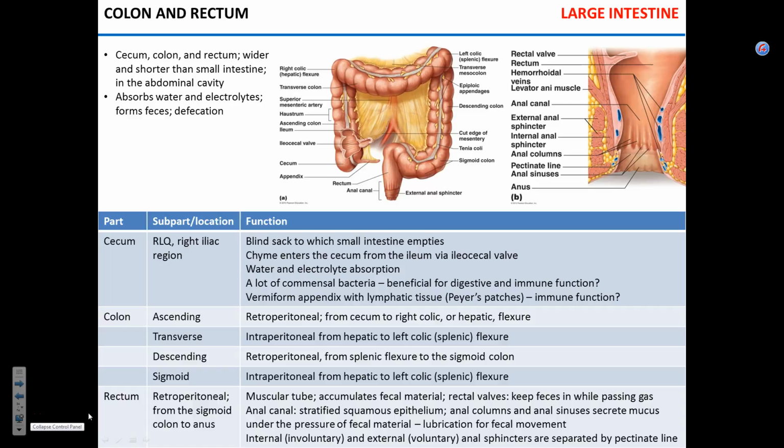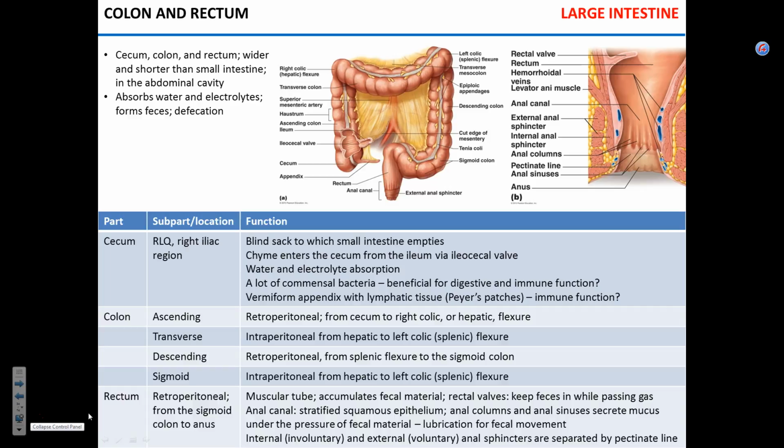Secondary active transport, micelles, and what is the role of the sodium ion? To maintain the gradient to facilitate the secondary active transport, of course, at the apical membrane, right? And of course, the hormones of the duodenum, cholecystokinin and secretin, those two. Cool?